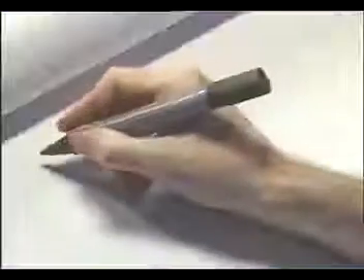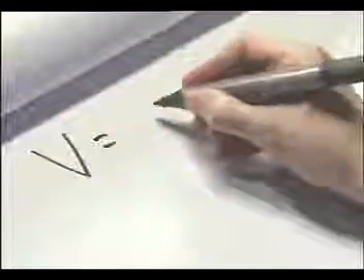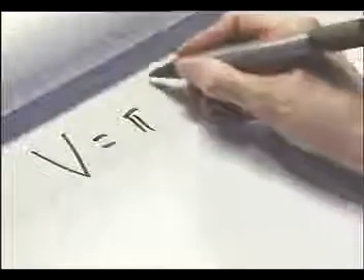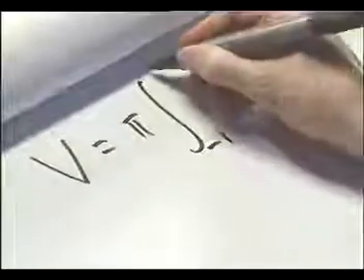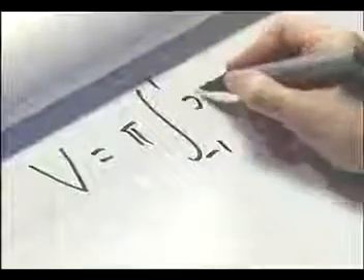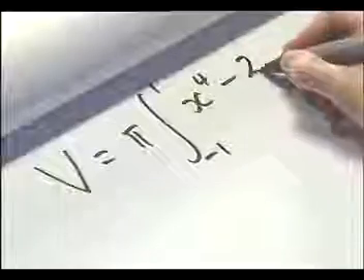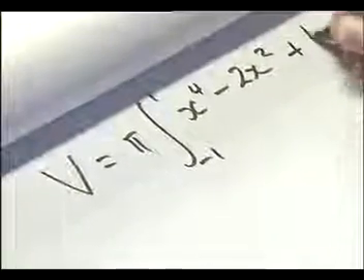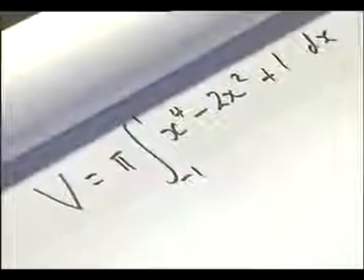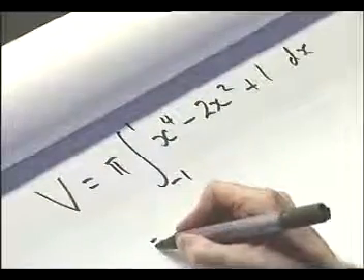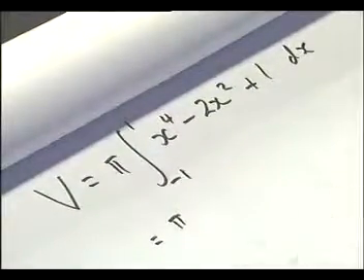Okay, I'll turn over the page and we'll go through this integration. So our volume V equals pi times the integral from minus 1 to 1, x to the 4th minus 2x squared plus 1 with respect to x equals pi.